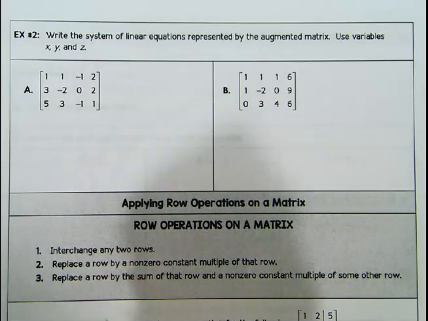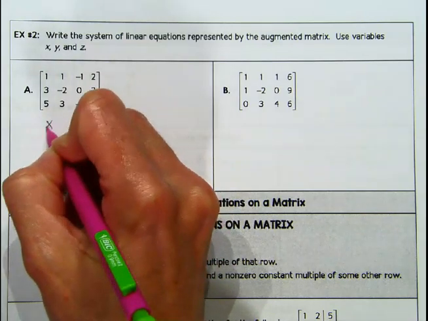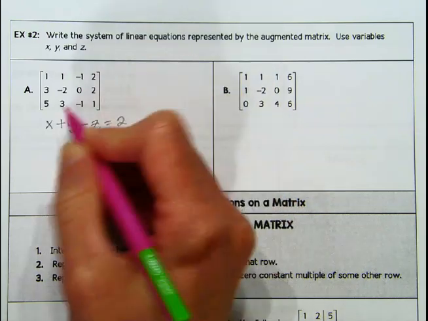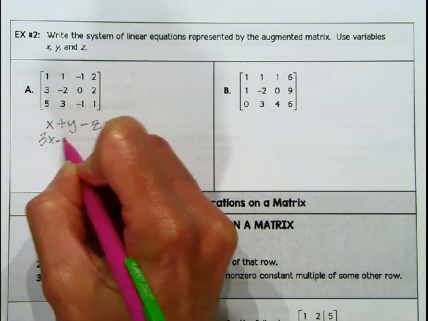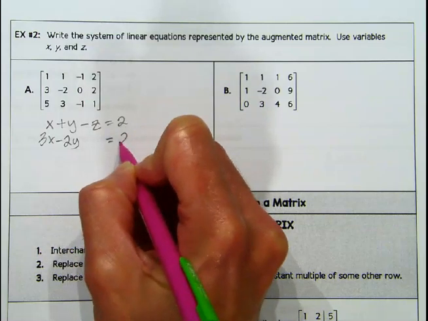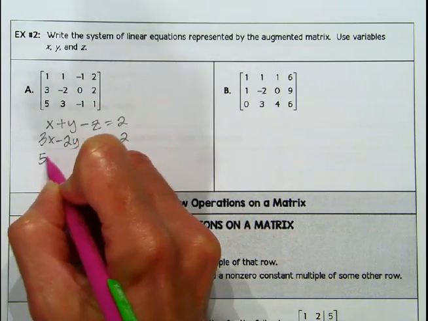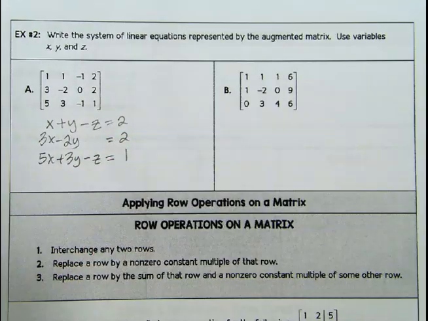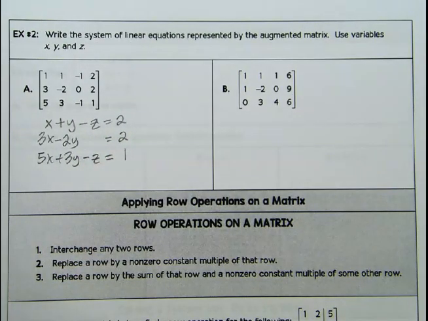So if I were going to take this and write it back into the other form, then this would be x plus y minus z equal to 2, 3x minus 2y equal to 2, and 5x plus 3y minus z equal to 1. So that's what it would represent.